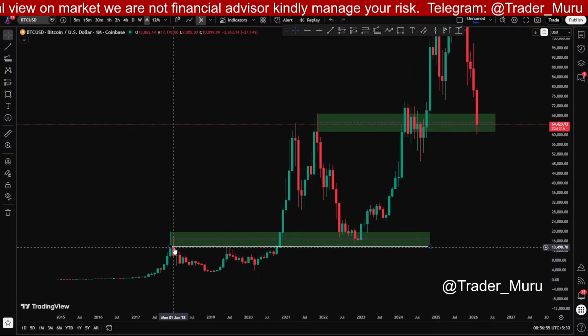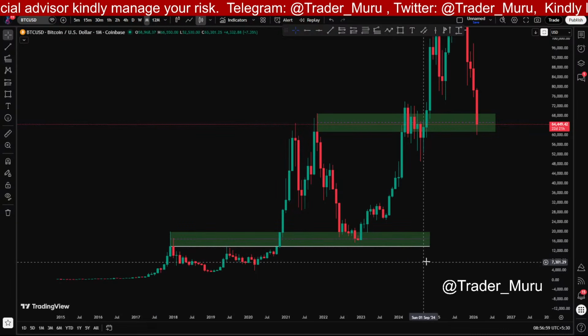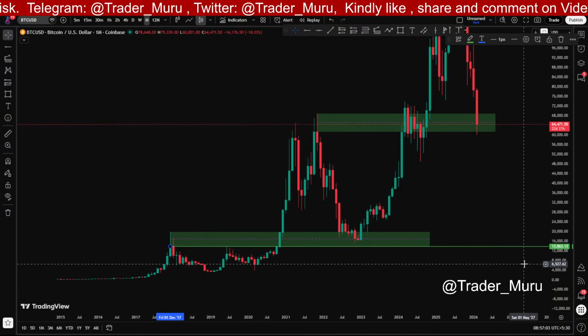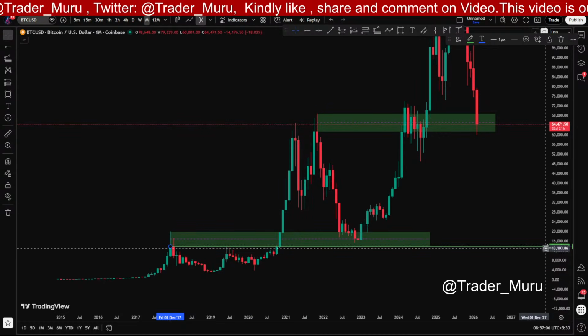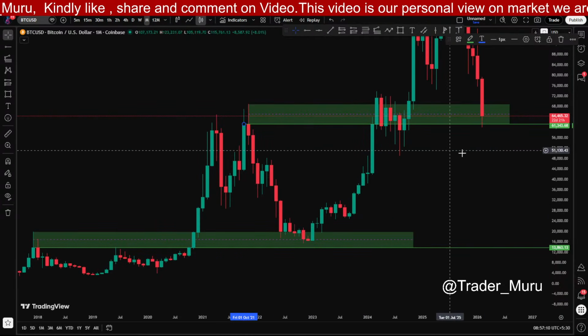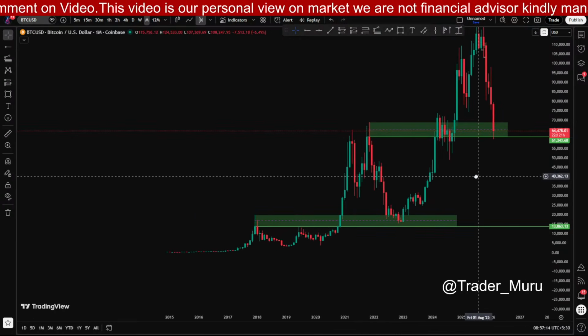See this? This was the high candle and it is closing near about 13,000. Okay, and then we have closing here at 61,300.